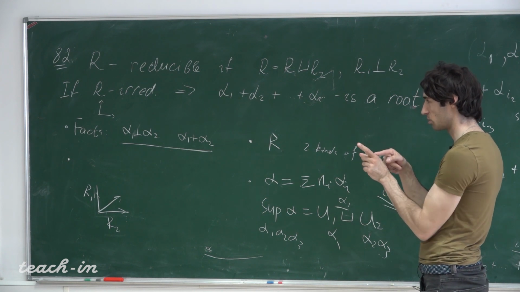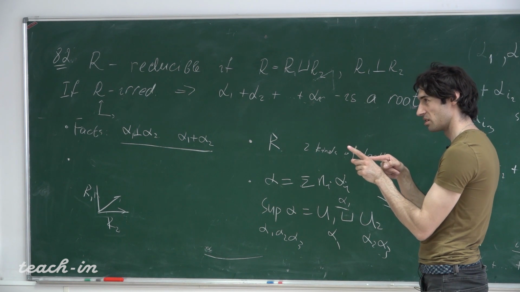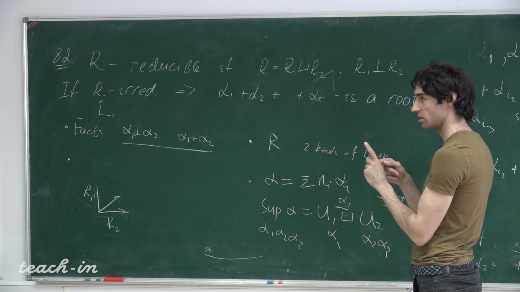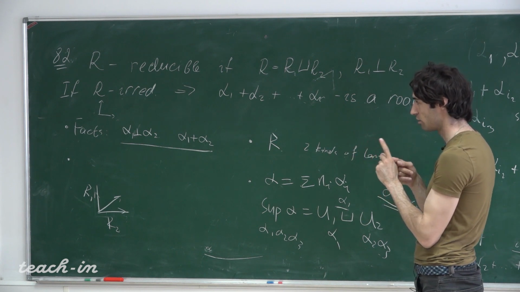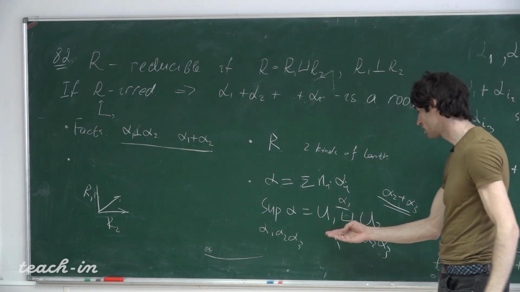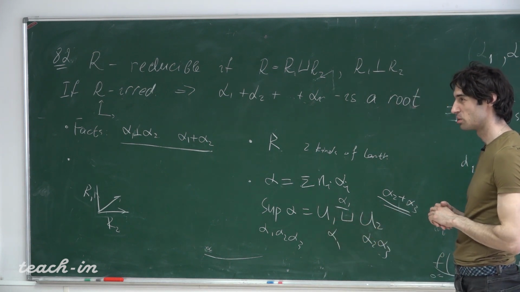You take two simple roots, right? Then, if they are orthogonal, then alpha 1 plus alpha 2 is not a root in a reduced system, right? But why is your system reduced, though? Yeah, so here you had this condition that U1 and U2 are irreducible.